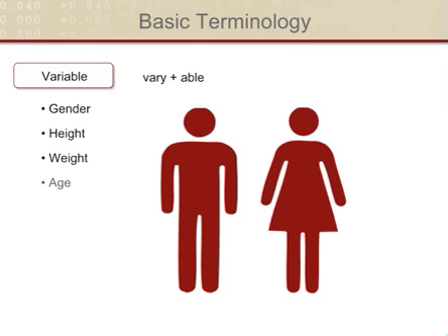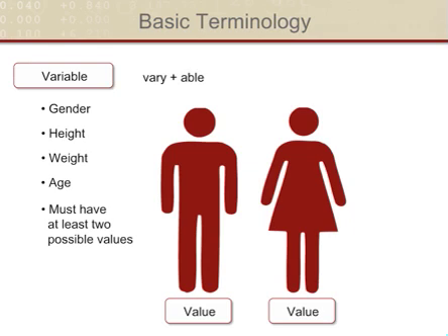Heights, weights, ages, whatever, they're variables because there's multiple values for it. But you wouldn't call female a variable. Female is a value of a variable. It's one possible value of the variable gender. So you got to be clear about that, because in our analysis we're always discussing variables, and if there's only one possible value, there's not much analysis left to do, so variables must have at least two possible values to truly be a variable.